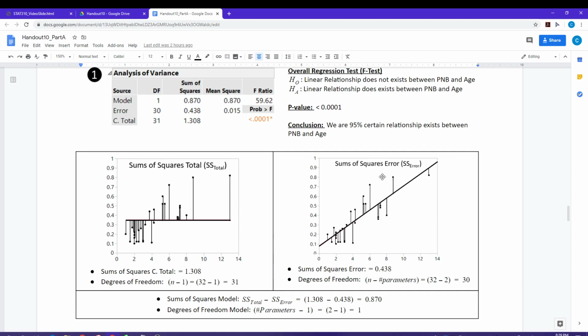Okay, so overall I'm going to have a lot less error by using my model. If I take all of these residuals here on the right, square them, and add them all up, I'm going to get 0.438. The degrees of freedom for this calculation is going to be n minus the number of parameters in my model. Now my model had a beta 0 and a beta 1 in it, so it's going to be 32 minus 2, or 30 degrees of freedom.